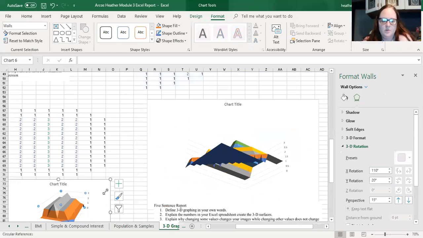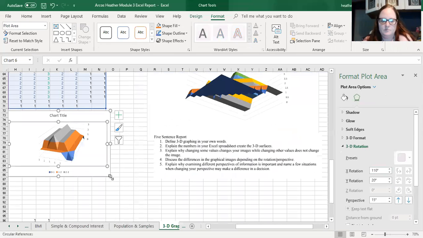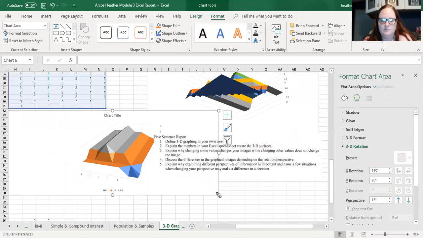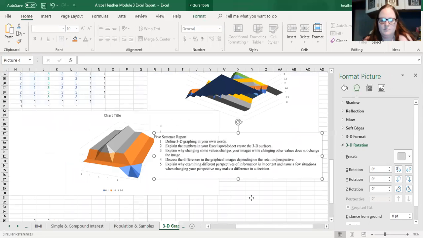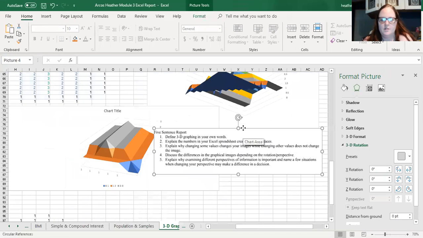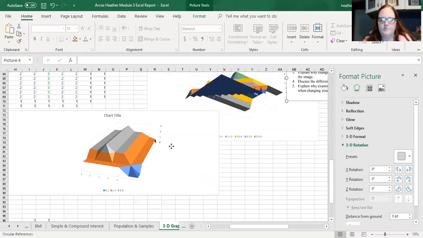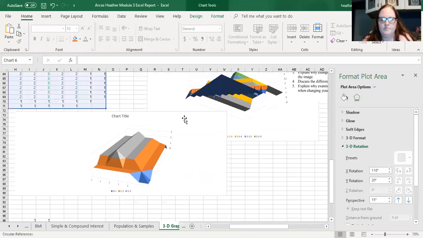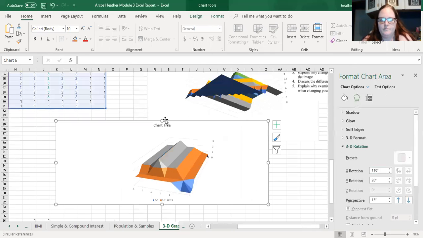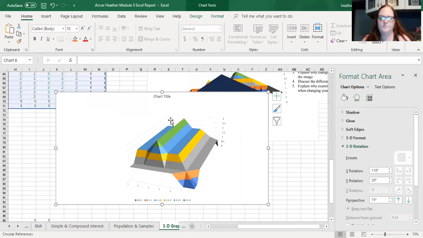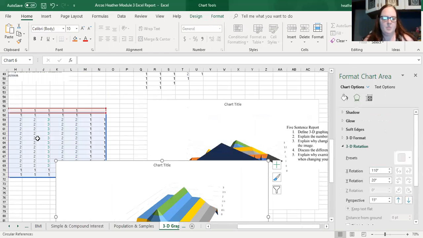And then this one. And this one too, I just randomly put numbers in just to kind of see what I can make.